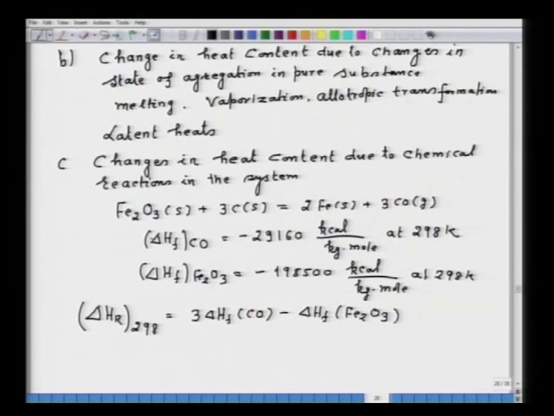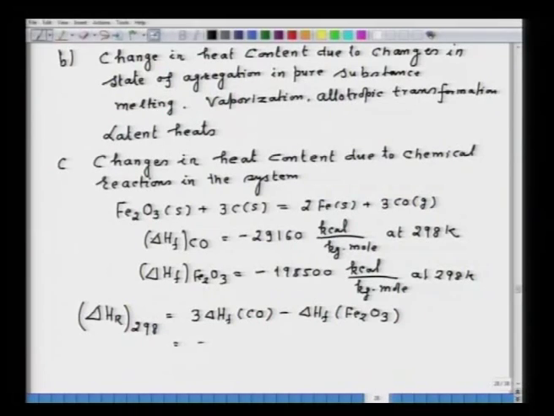Now, what I have to do is very simple. Now, I have to substitute the value of delta HFCO, which is 29,160, and Fe2O3 I have to do multiplication and subtraction or whatever you want to do it. So, the answer would be plus 111,020 kilocalorie. Now, this reaction is highly endothermic.